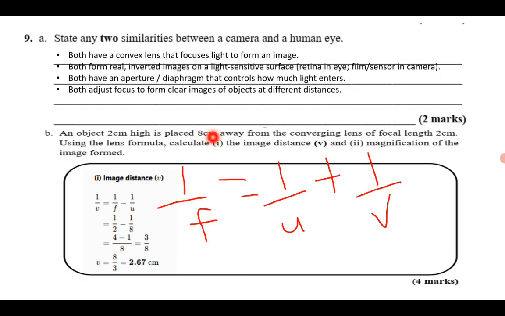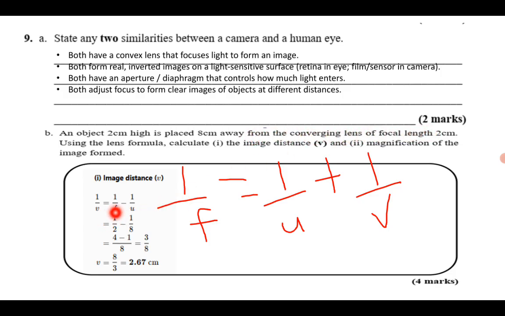Let's read the question again. An object of 2 centimeters high, okay, we can leave that, is placed 8 centimeters away from the converging lens. So this is object distance, which is u, 8, from the converging lens of focal length 2.